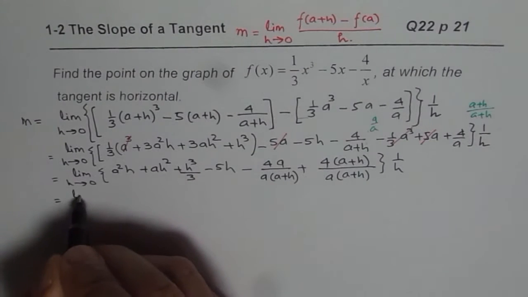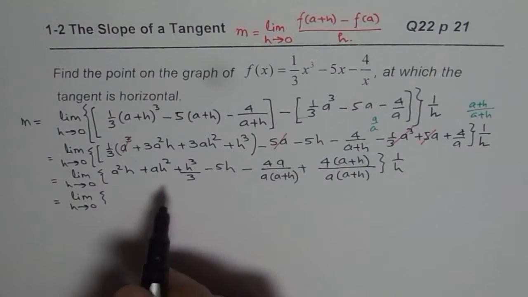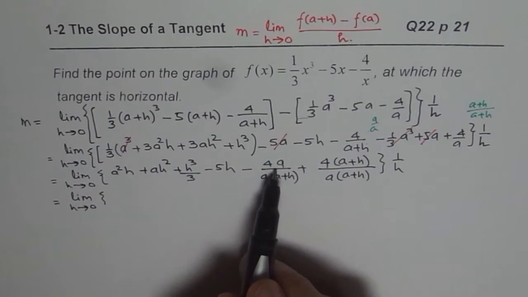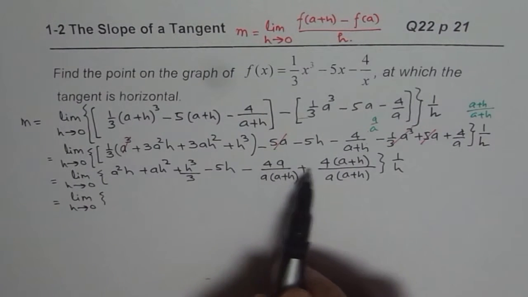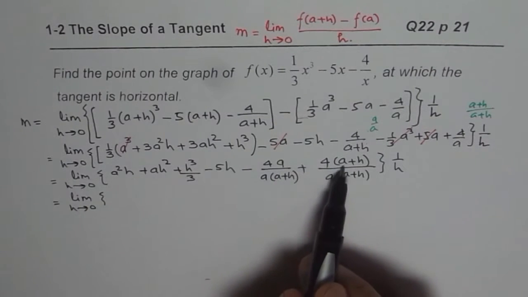So we get limit h approaches 0. All these terms have h in common. Here, if we combine this, minus 4a plus 4a is 0, but we get 4h.